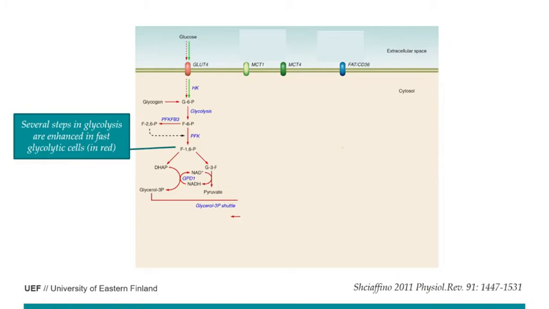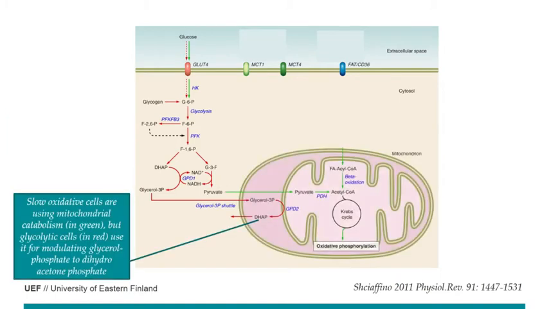So if you have the same amount of glucose in the cell, these fast glycolytic cells produce a little bit of ATP quite fast with their glycolytic enzymes. And these oxidative cells are then producing later more ATP by Krebs cycle and oxidative phosphorylation.